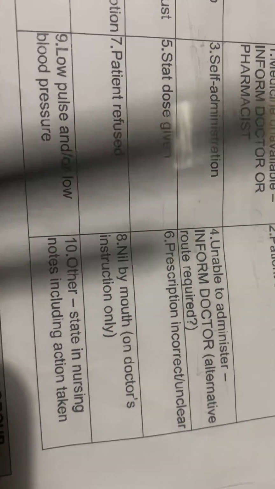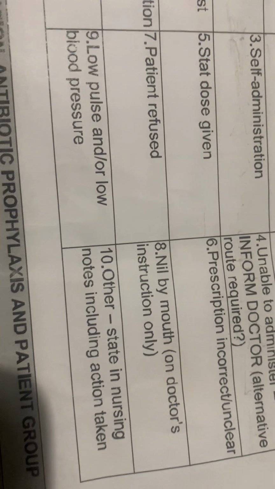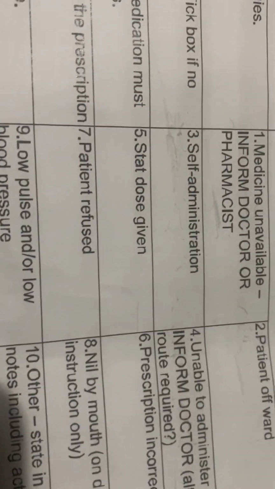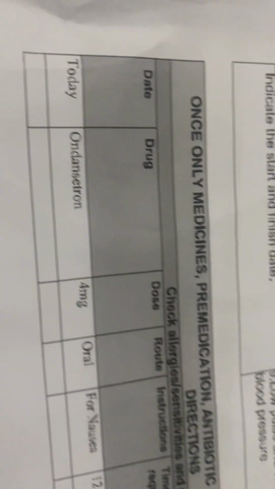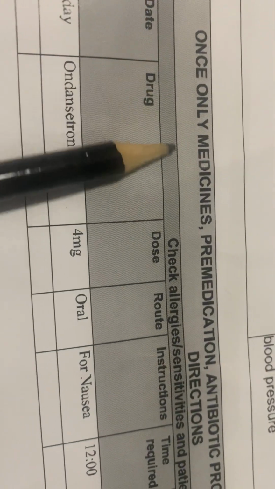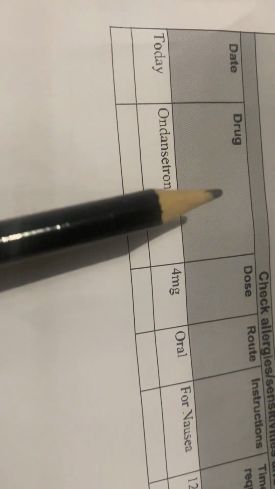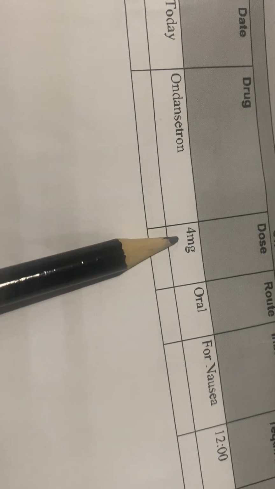All right? So now, we move over to this one, which is code 5. Start dose giving. For example now, under this once only medication, we are having medication today. Drug is ondansetron. Dose is 4 mg.